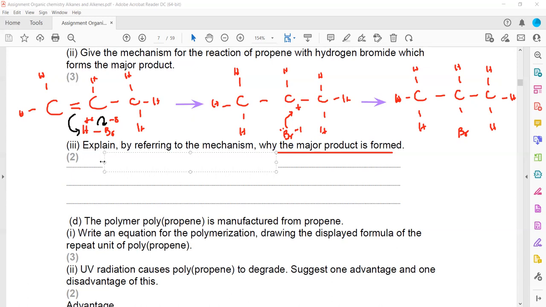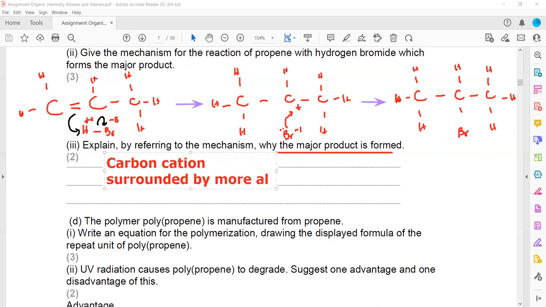So the carbocation surrounded by more alkyl groups is more stable.